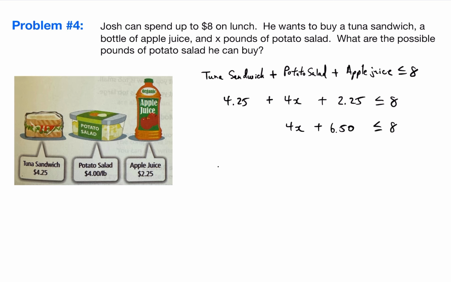Now what we want to do is move this 6.50 over to this side, and so we're going to subtract 6.50 from both sides. And what we're left with is 4x is less than or equal to 1.5. Okay, and then the last step is to divide both sides by 4. And after we do that, we find that x is less than or equal to 0.375.